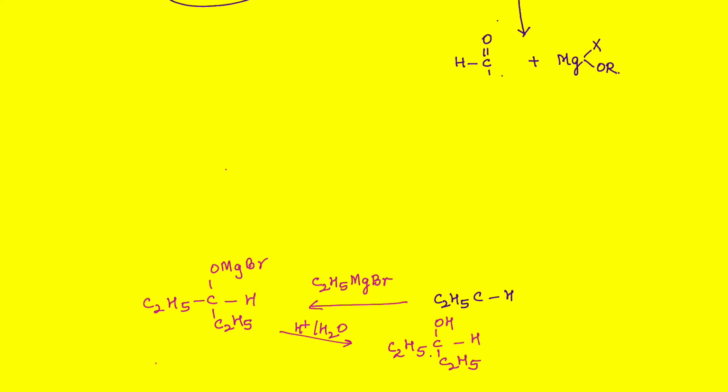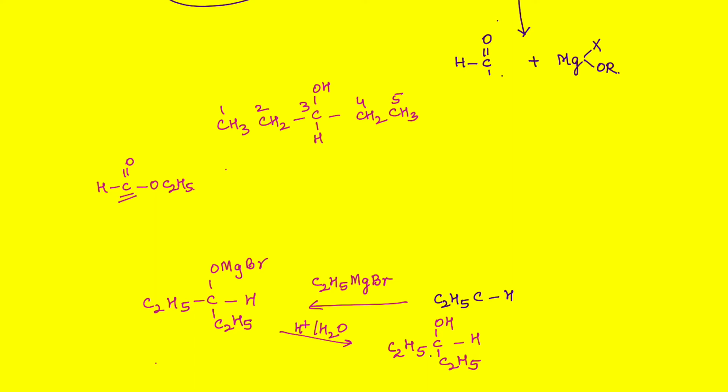So when I spread it out, I have CH3, CH2, CHOH, CH2, CH3. Look at that. We started with HC double bond O, OC2H5 or CH3, and we ended up with 1, 2, 3, 4 and 5 carbon atoms.